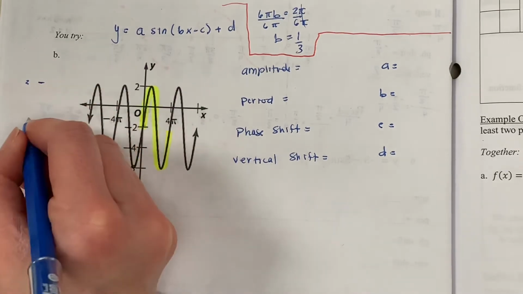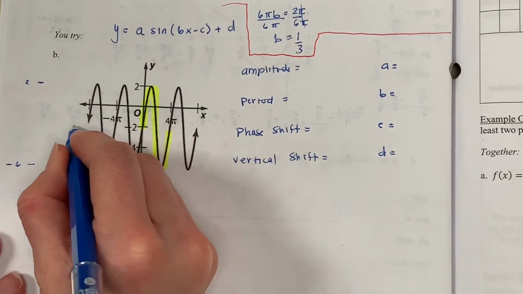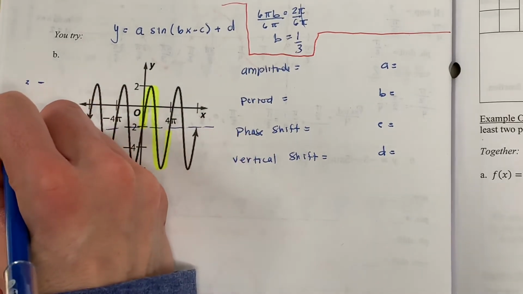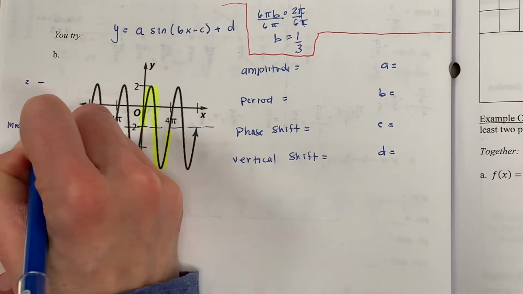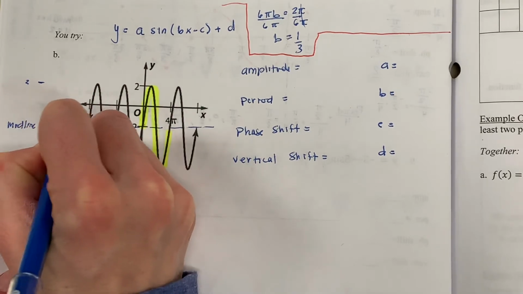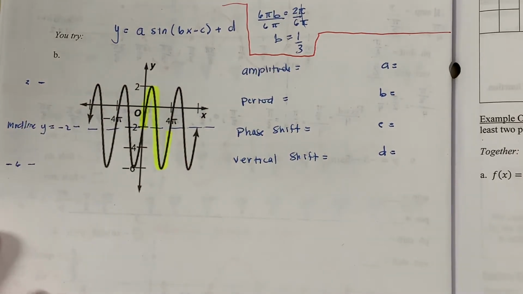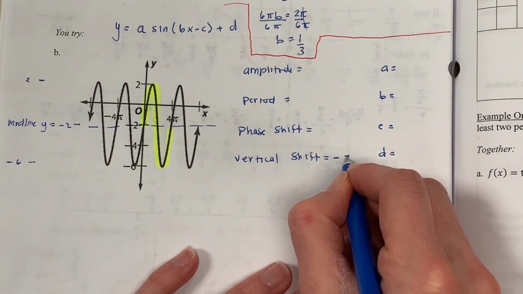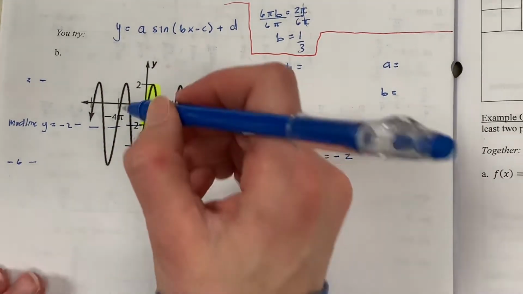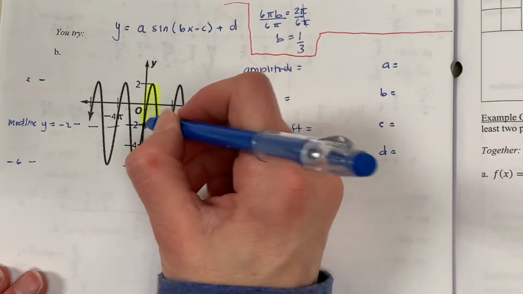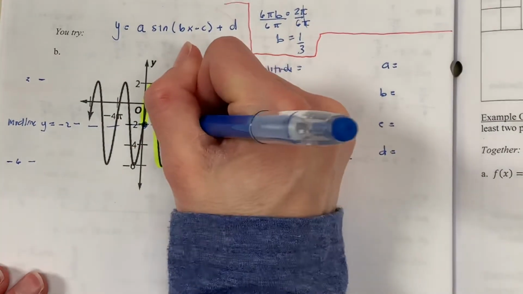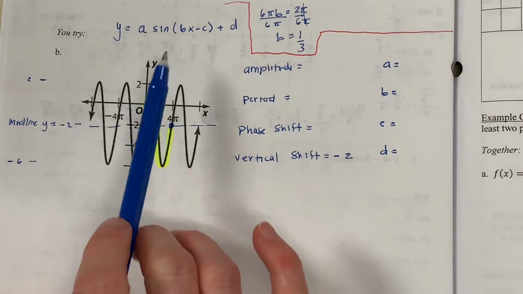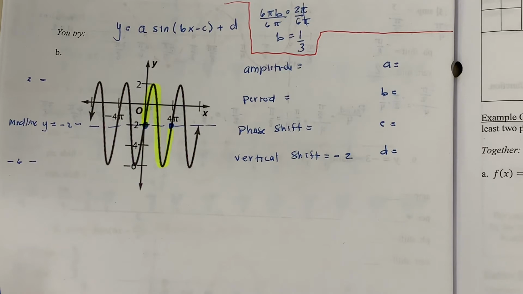So 2 minus 4 would put my midline right at y equals -2, which means I have a vertical shift, and this graph has been shifted down 2 units. Now notice my first point of this curve falls on that midline, which is representative of a sine curve.